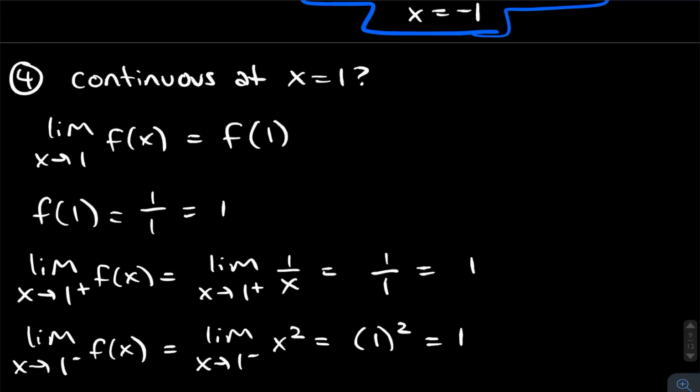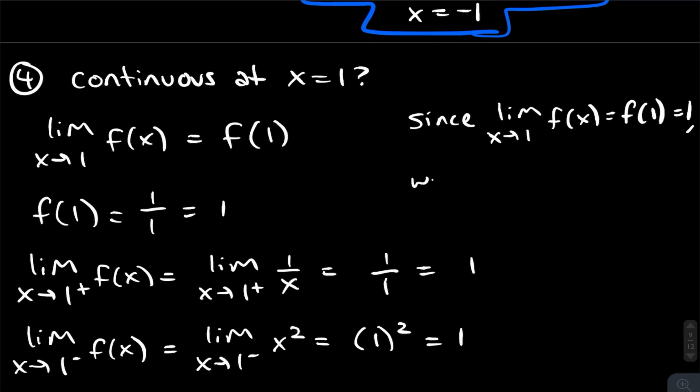So now we can see that since the limit as x approaches 1 of f of x equals f of 1, right? And that's equal to 1. So, you know, that's a nice way to write that. f of x is continuous at x equals 1.